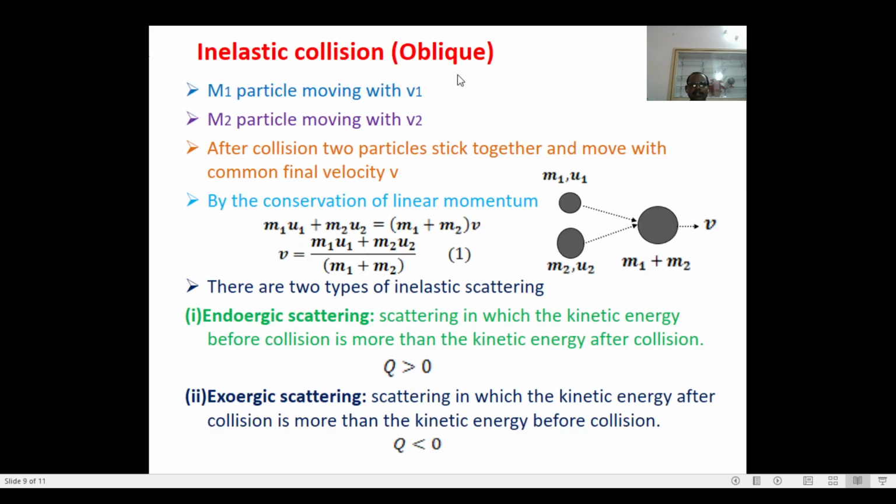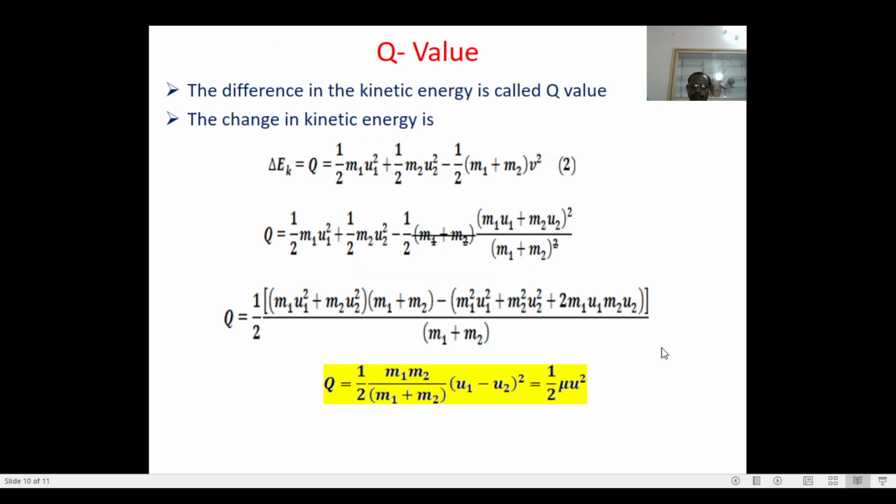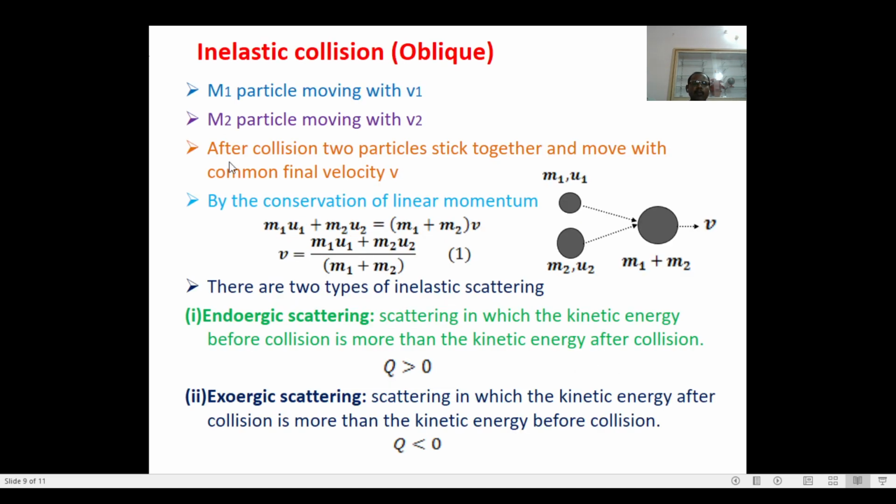Now the inelastic collision, oblique method. I will consider an inelastic collision of two particles of mass m1 and mass m2 moving with velocities u1 and u2. Their final velocities will become a common velocity. The m1 particle is moving with velocity u1 and the m2 particle is moving with velocity u2.